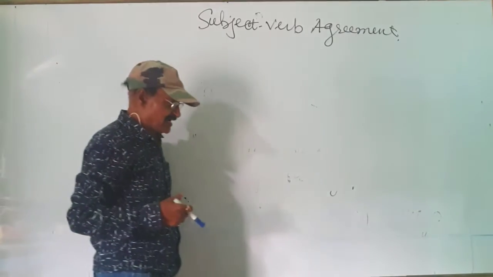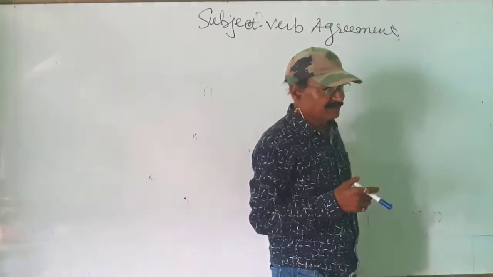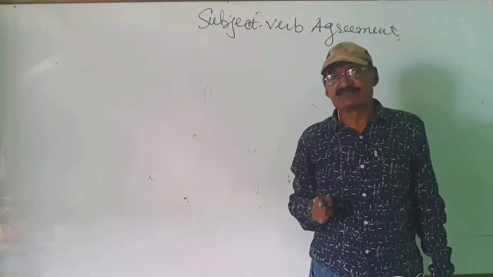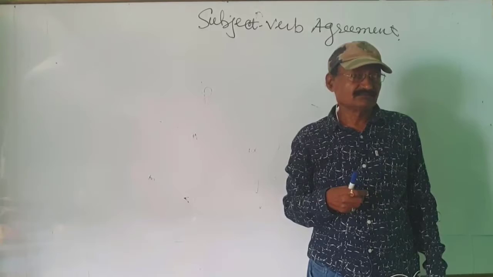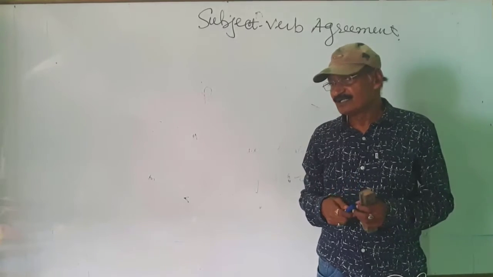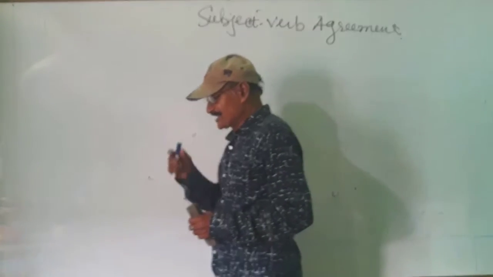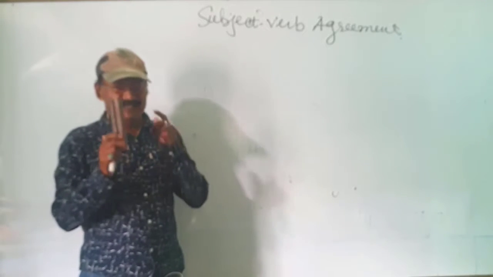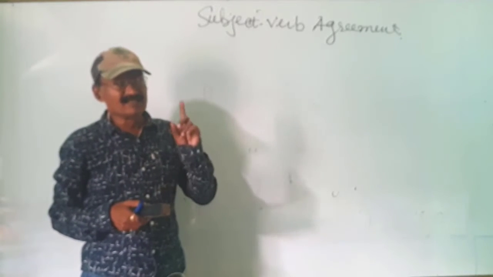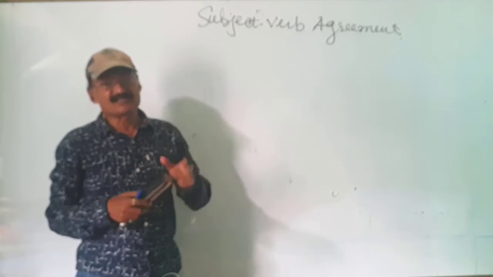My point is that a verb agrees with the subject in two ways. First, in number, and secondly, in person. A verb agrees with the subject in number and person.